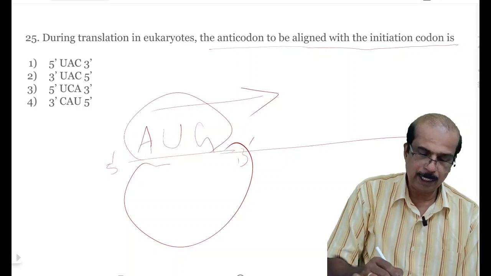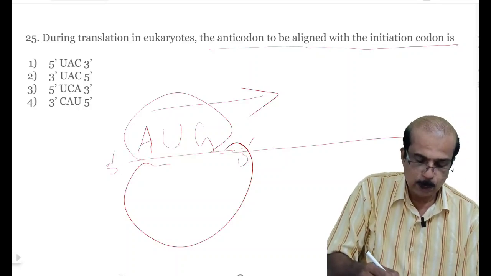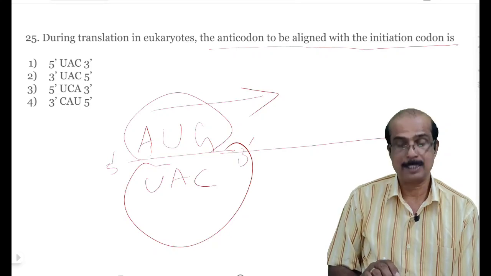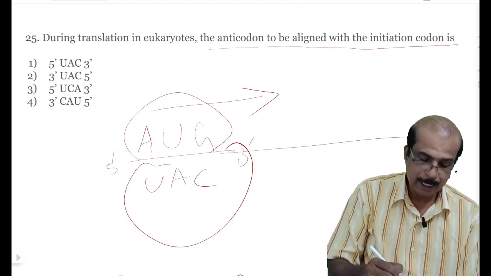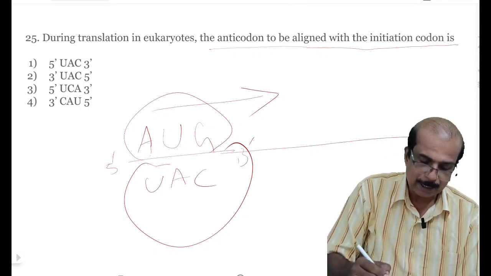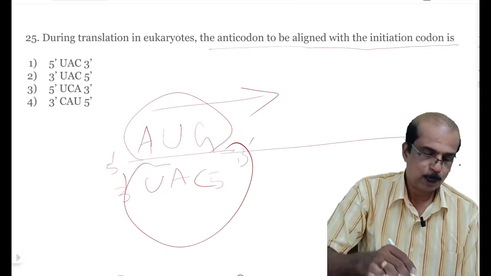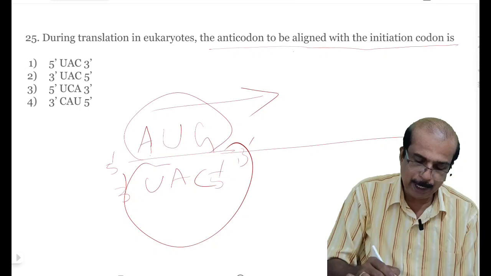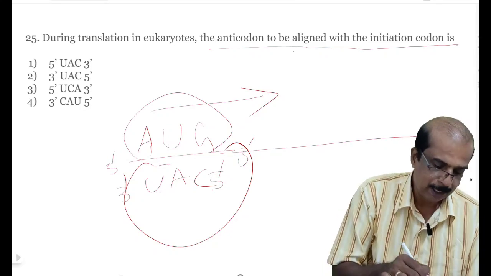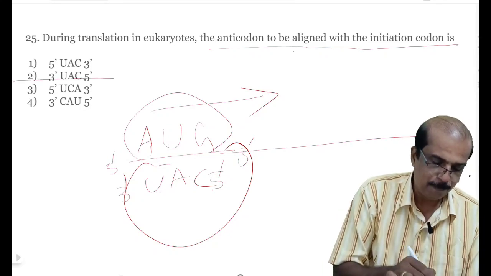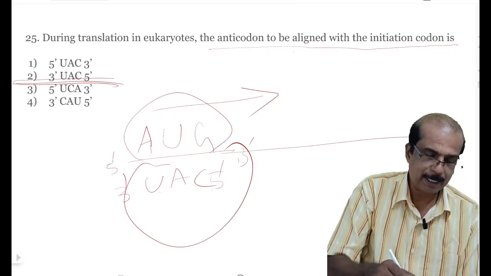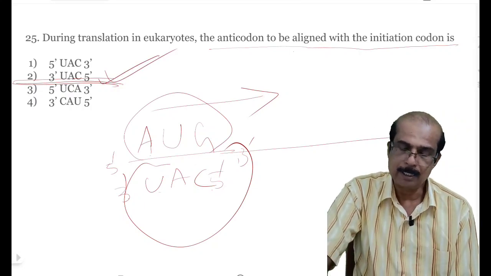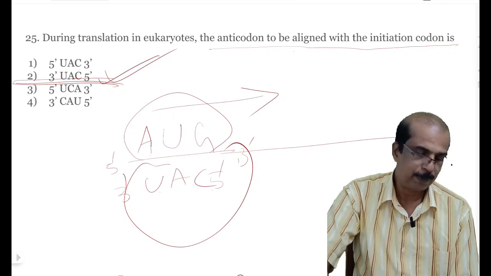Here the initiation codon AUG is coupled with the anticodon UAC of tRNA. Here the UAC direction will be 3', 5'. So the anticodon to be aligned with the initiation codon is 3' UAC 5'. Second option is the answer to this question. Very easy question. Carefully answer the question for your real examination.